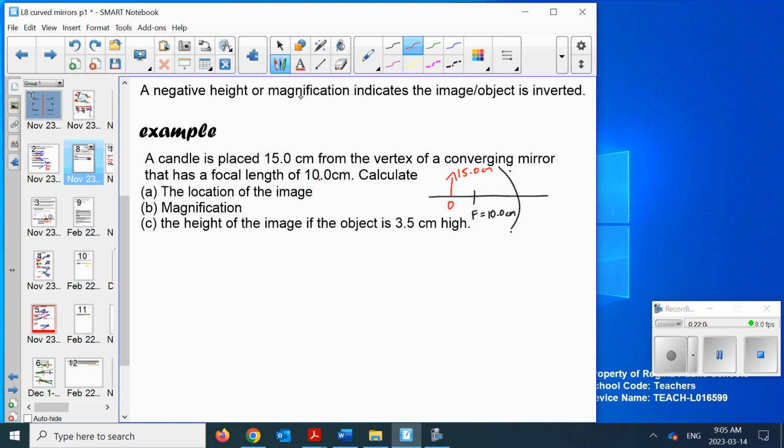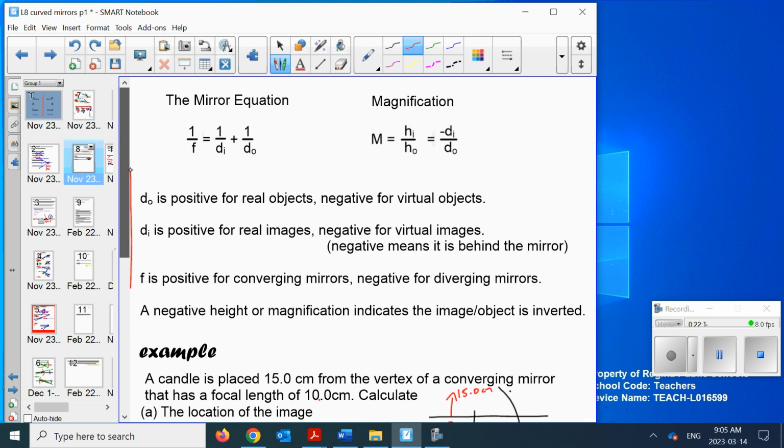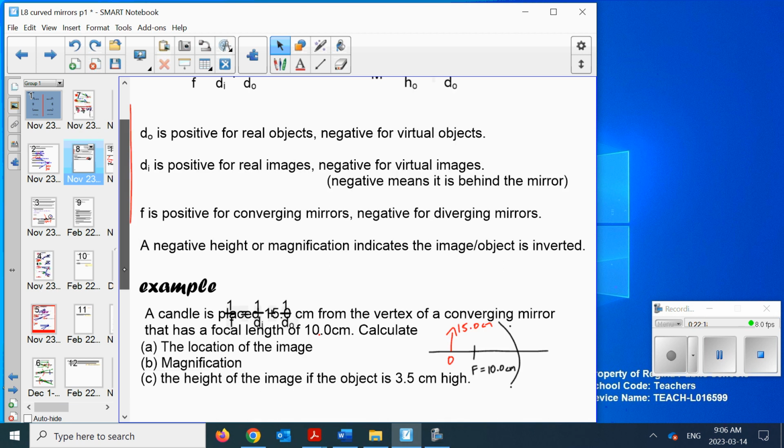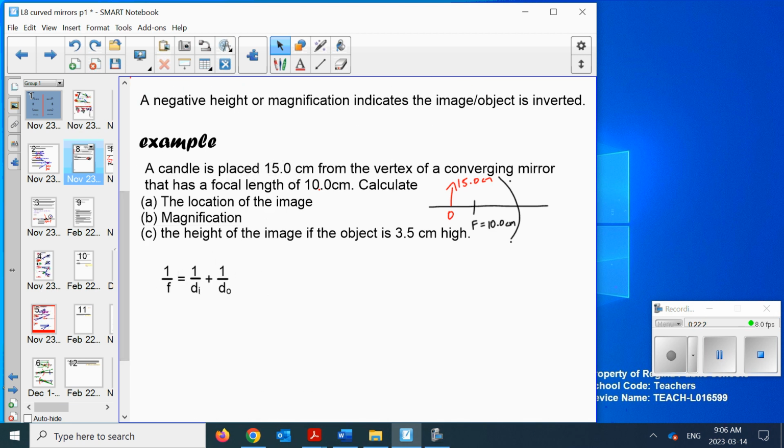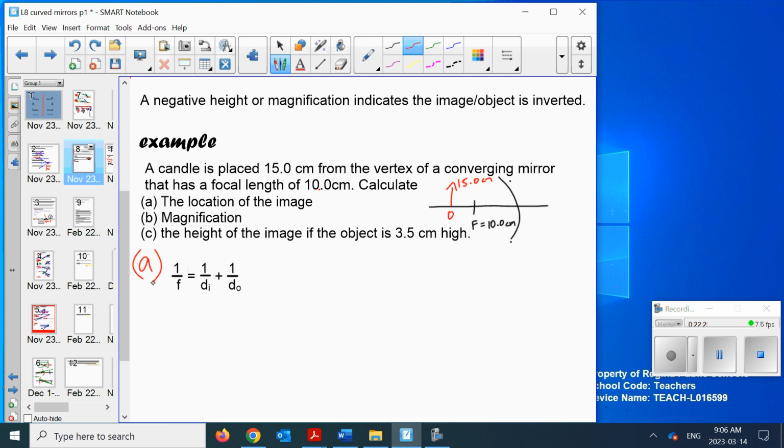That's the key. Don't worry about magnification. One over F equals 1 over DI plus 1 over DO. I know I'm going to use this because it has DI and now the information DO and F.